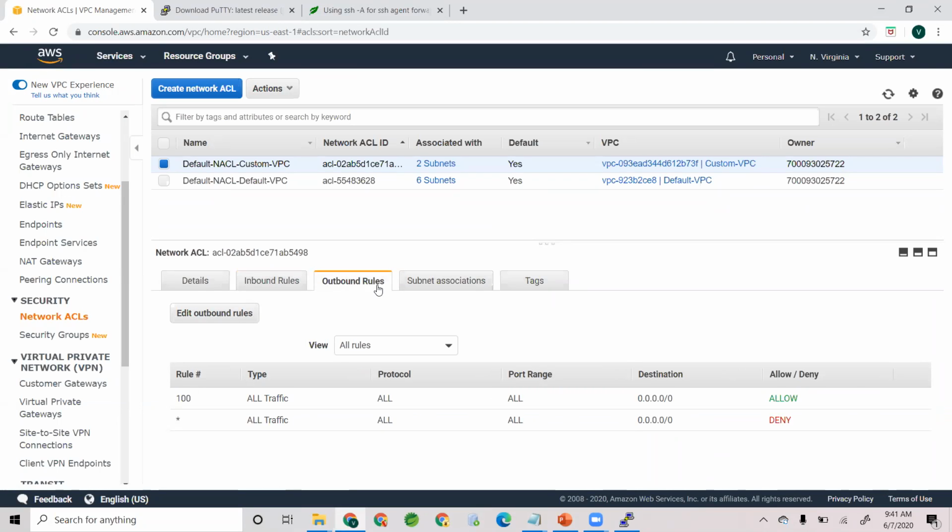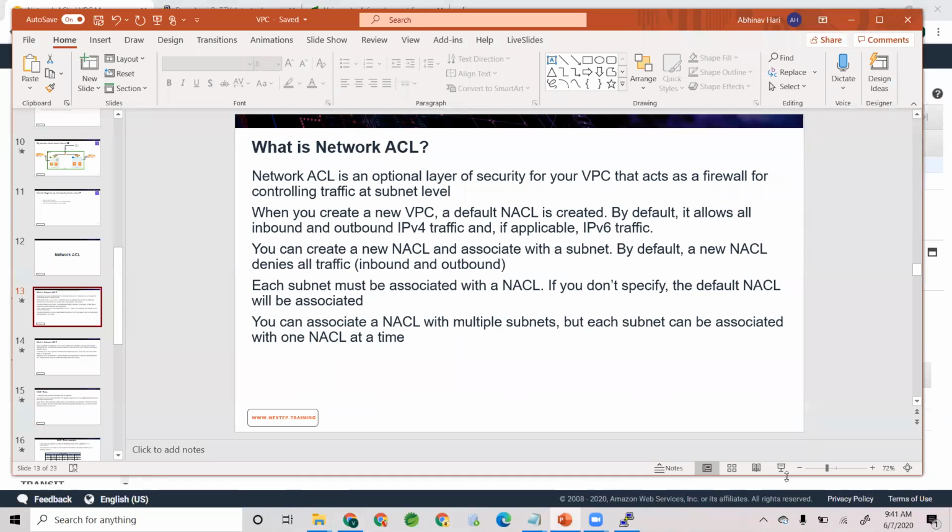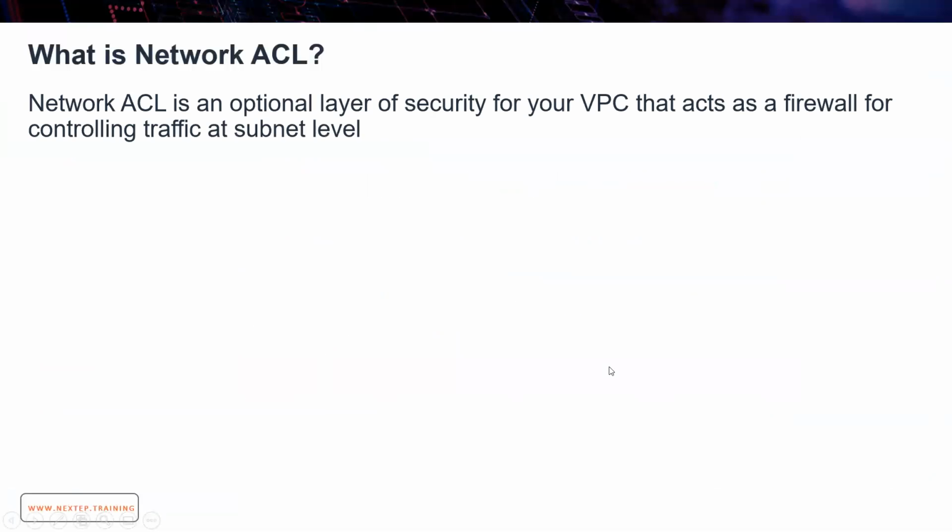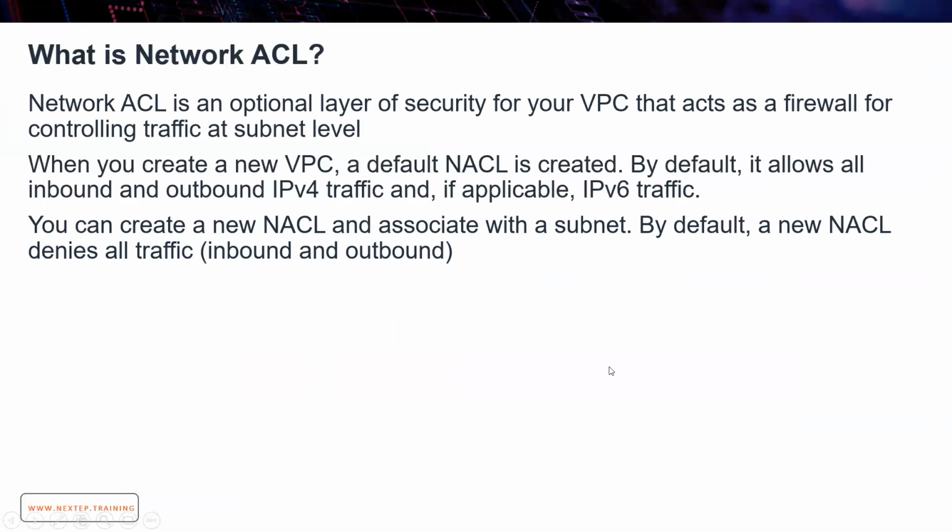When you create a new custom VPC, a default network ACL will be created, and by default, it allows everything. So you can create a new NACL and associate it with the subnet. By default, a new NACL denies all traffic.